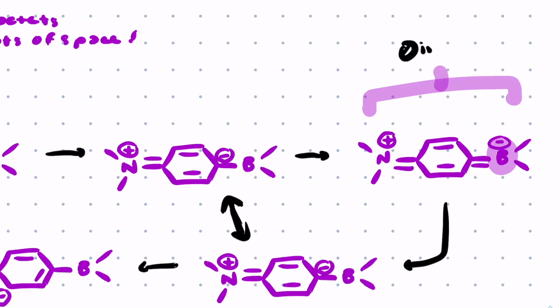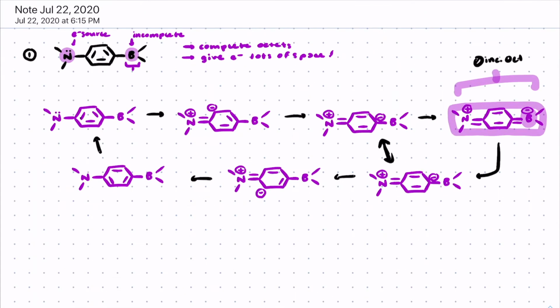The only structure that has 0 incomplete octets is this one. And so there's actually only one of these structures that's contributing, instead of all of these resonance structures being contributing, because this is the only one that has the maximum amount of complete octets. So that is question 1. Question 1 is pretty complicated, so that one took a little while.